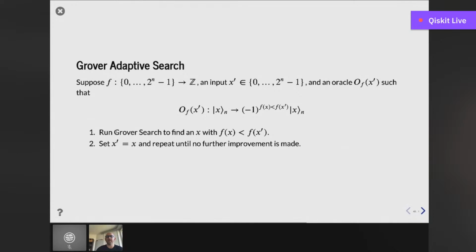And if we have such an oracle, then we can run Grover search to find an x where f(x) is less than f(x'). And if we found such an x, then we just replace x' by x. And then we repeat this whole process until we can't make any improvement anymore. And this gives us almost a quadratic improvement of finding the minimum of f over brute force search.